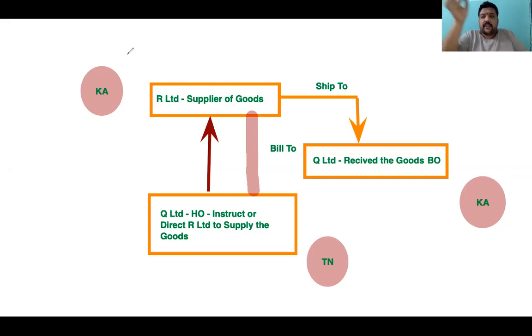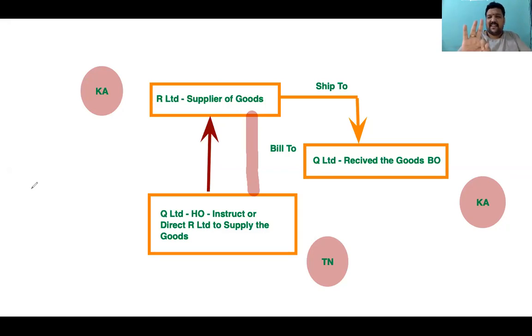I'm just borrowing that theory. Person means person. Person will also include distinct person. So Q Limited HO, distinct person. Q Limited branch office, Karnataka, distinct person. R Limited, a different person.